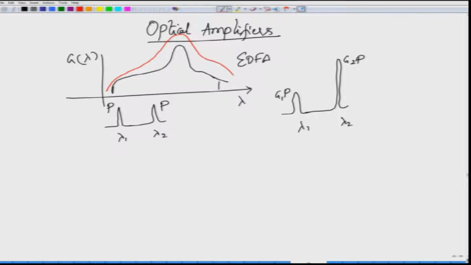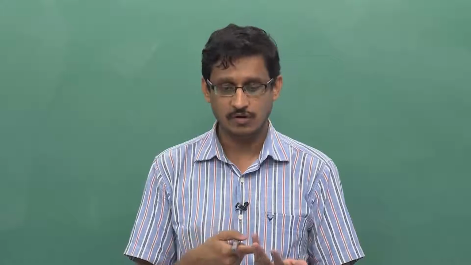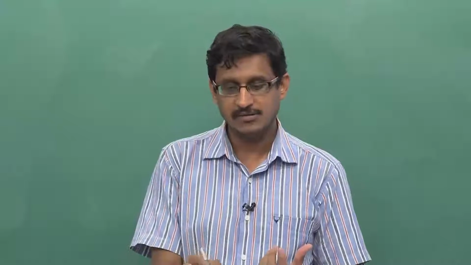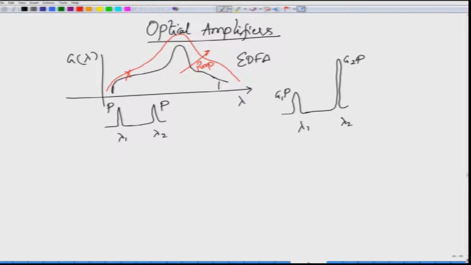The gain curve would also start to change as the pump power starts to increase. So the gain is not just a function of the wavelength, it has also become a function of the pump power. Because of this problem, the gains at different wavelengths are not exactly the same.